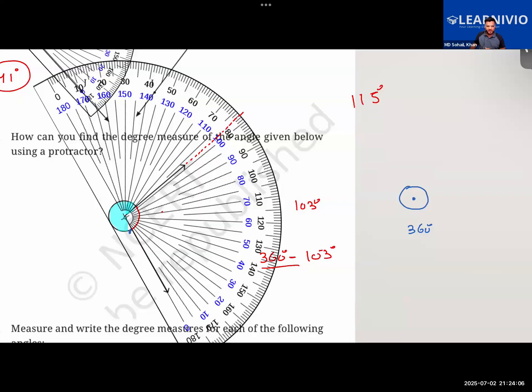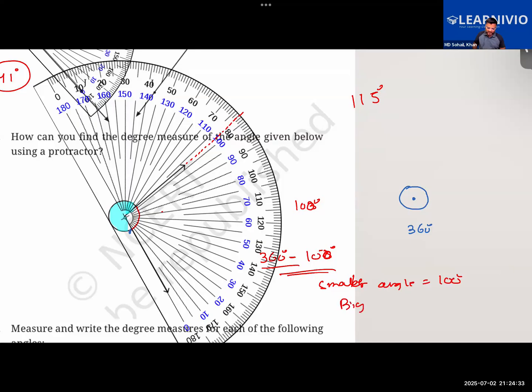Or let's say if you are getting 100 degrees, that would be much more convenient, because here it's difficult to get the exact value. Getting the exact value from a piece of paper is different. So then your answer would be how much? The smaller angle here, you have got as 100 degrees.